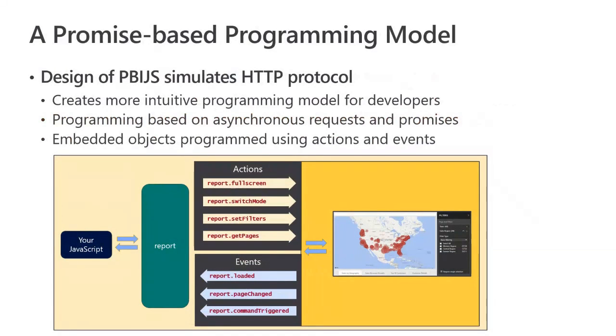But the idea is that your JavaScript code will be programming against things like report objects and page objects and visual objects. But yet, when you call a method, it has to be marshaled across these iFrame boundaries using this low-level post message API code. Once again, if you don't know what the HTML5 post message API is, don't worry about it.